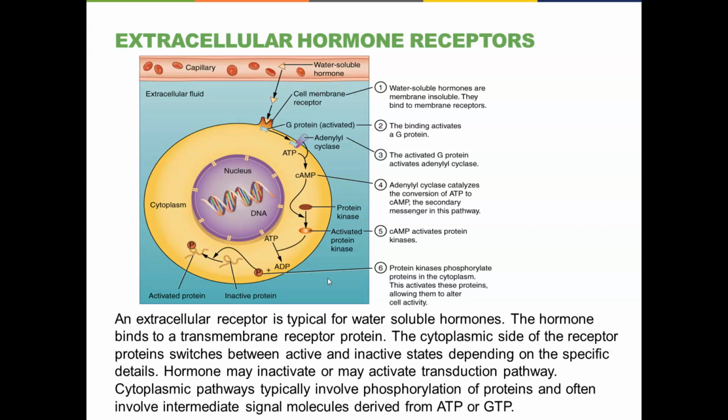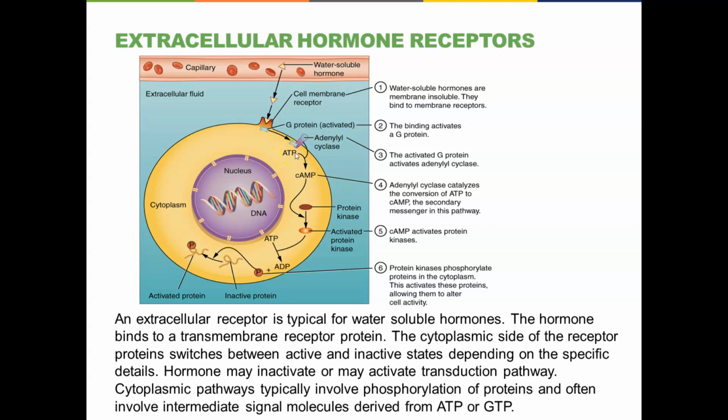Here's another illustration of a water-soluble hormone and its pathway. So in this particular case, this hormone binds to a G protein. G protein induces the phosphorylation of adenyl cyclase right here.